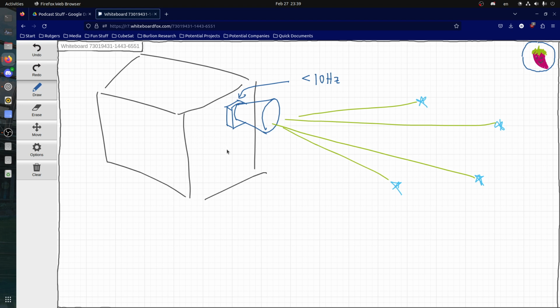The control algorithm on the computer is usually running at at least 100 hertz. I would say 100 hertz is a fair estimate. It could be slower, could be faster, depending on the application.